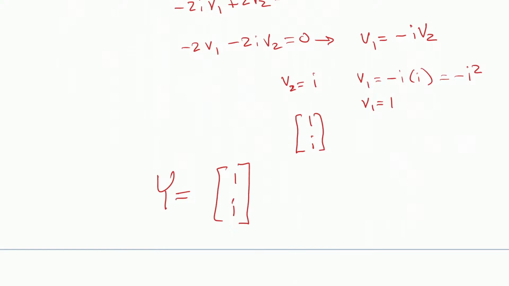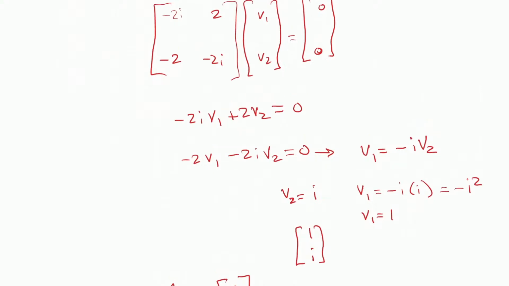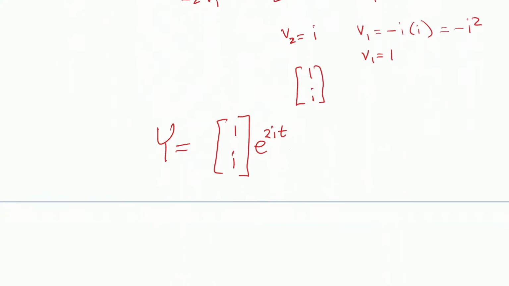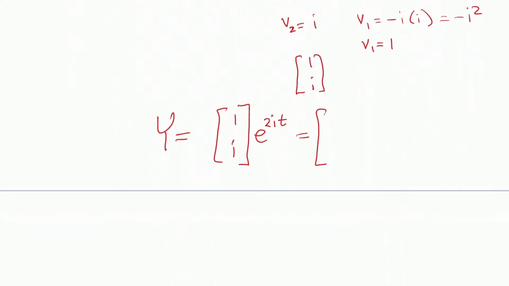So you have eigenvector times e to the 2i t. Here's the cool thing: you can take this and rewrite it using complex variables, using Euler's formula. So this will be cosine of 2t plus i times sine of 2t.